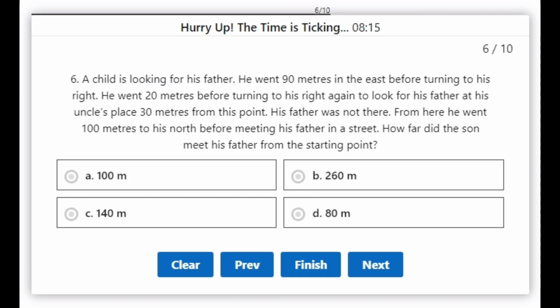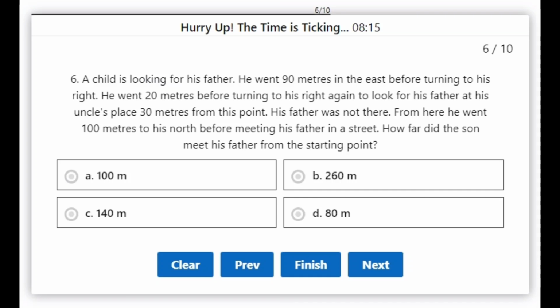Now our question number 6 is: a child is looking for his father. He went 90 meters in the east before turning to his right. He went 20 meters before turning to his right again to look for his father at his uncle's place, 30 meters from this point. His father was not there.